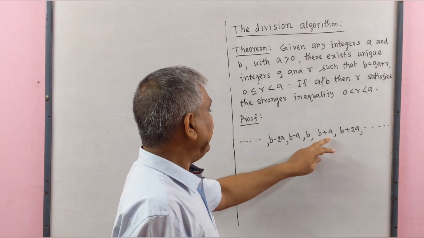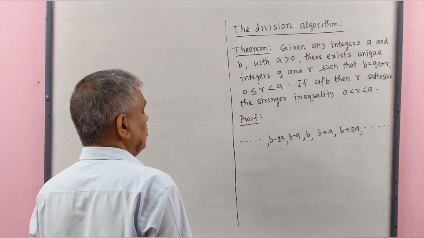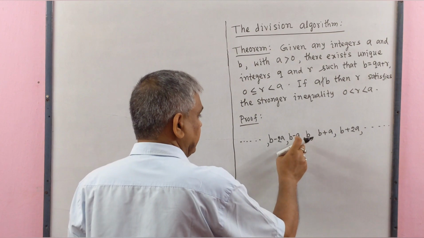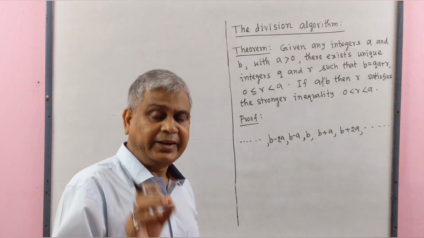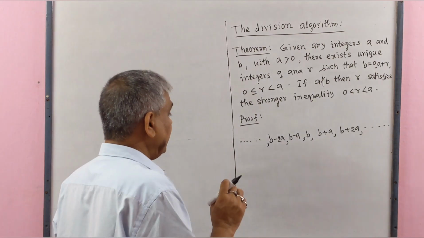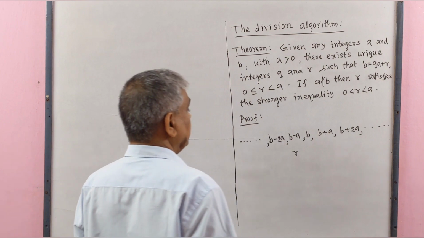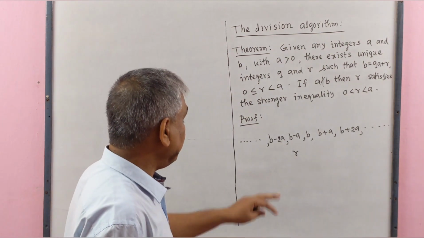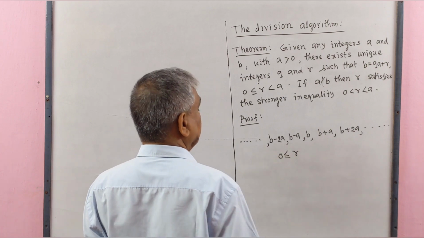Here the common difference is A. In this sequence we get the smallest non-negative integer. Let that integer be r, and r will be greater than or equal to 0.